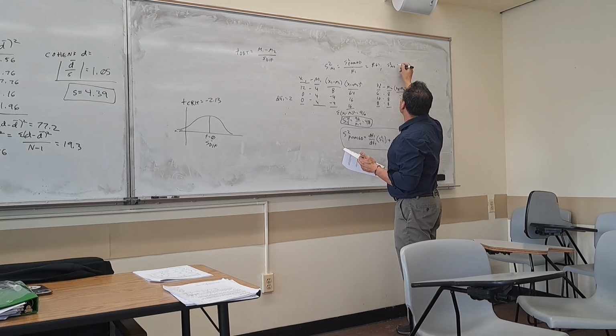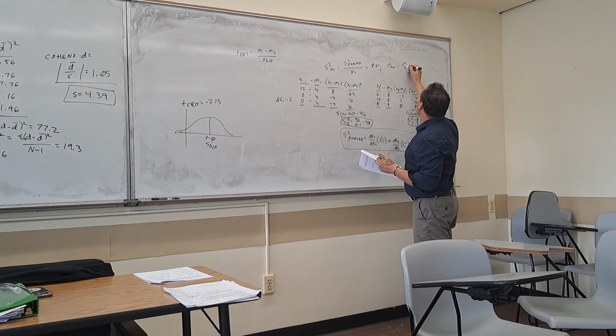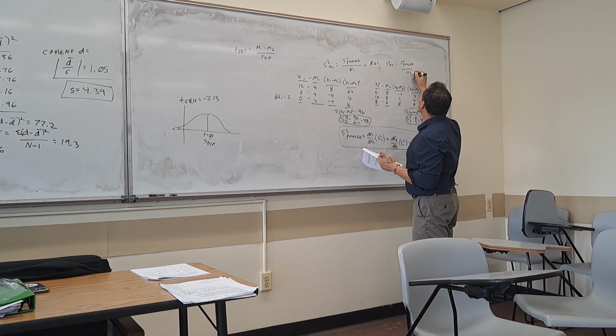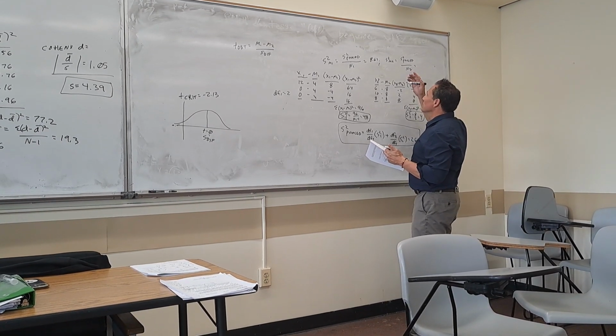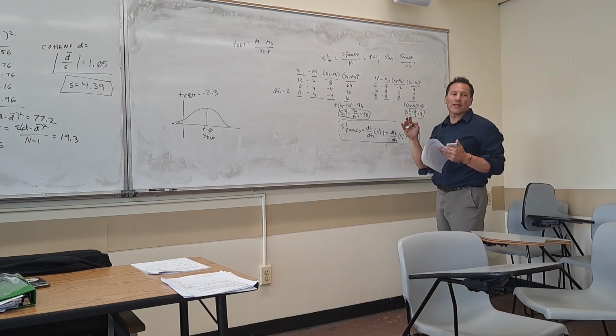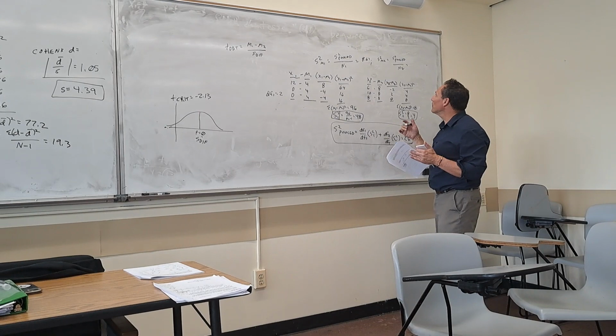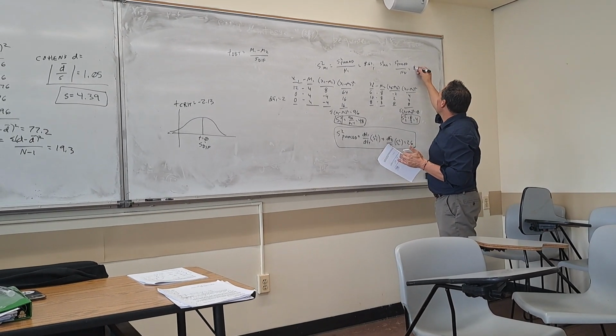S squared m sub 2 equals S squared pooled divided by n sub 2, which is also 26 divided by 3. Since the n's are the same, it's acting the same for both of these. So that is also 8.67.